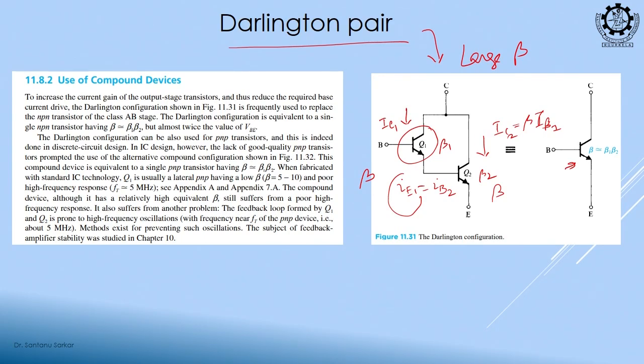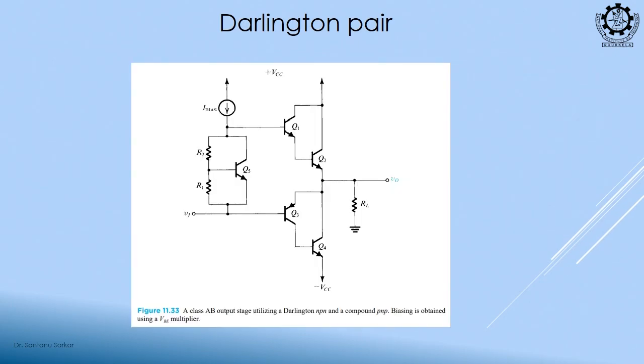What are the connections? Collectors are shorted, the emitter of the first one is connected to the base of the second one, right. Okay. So, this is known as the Darlington configuration or Darlington pair, and this you can use.